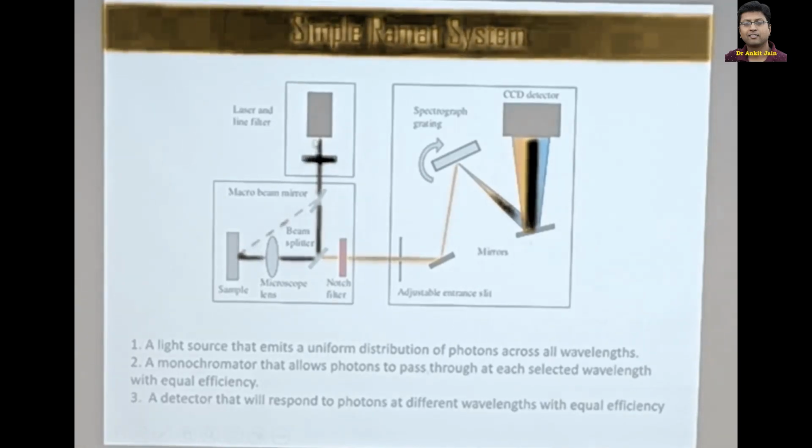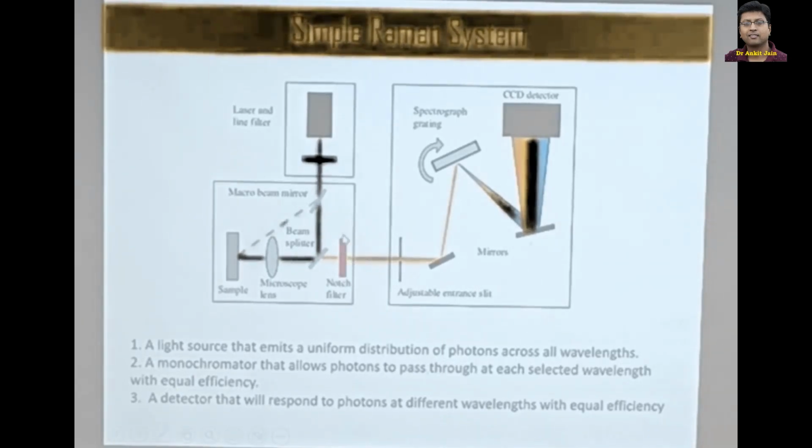The light from the laser passes through beam mirrors onto beam splitters and through focusing lenses onto the sample. Once this incoming green light interacts with the vibrations taking place in the molecules of the sample, it scatters light. This inelastic scattering, shown here in yellow, on top of the green, passes through the same optics, the same beam splitter, and onto a notch filter.